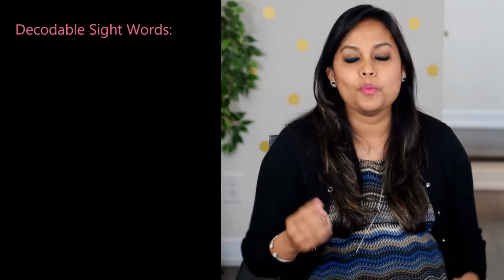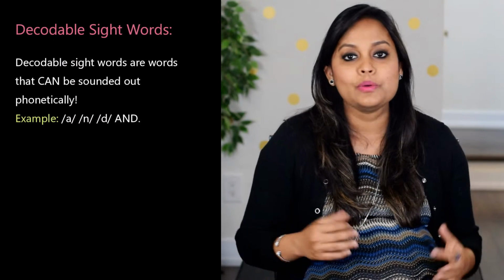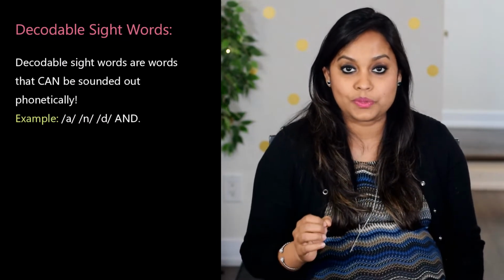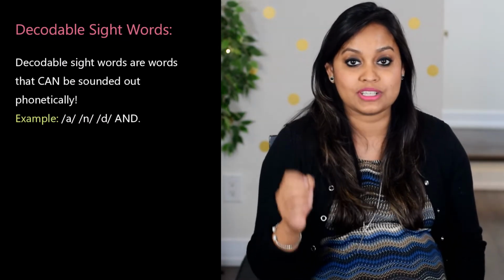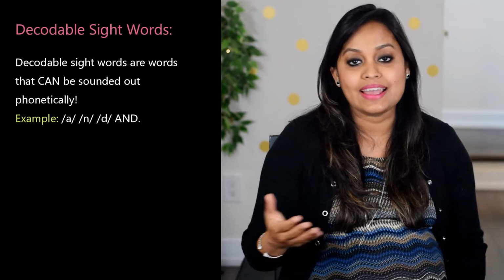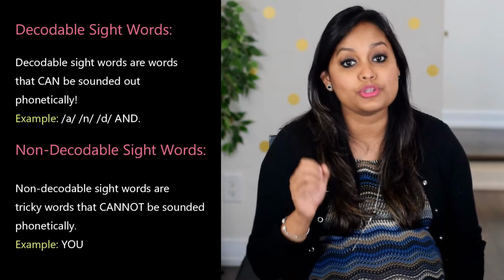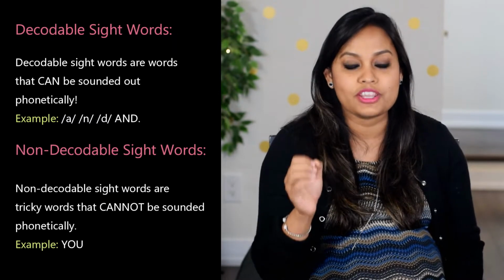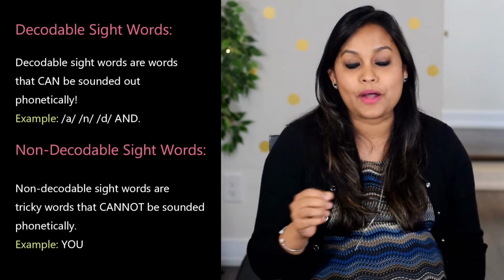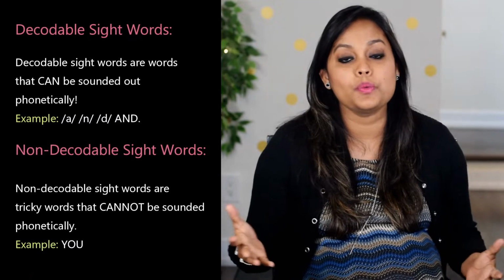Okay, now let's talk about the two types of sight words, decodable sight words and non-decodable sight words. So what are decodable sight words? Well, decodable sight words are sight words that can be sounded out phonetically, like the word and. Whereas non-decodable sight words are tricky words that are irregular, meaning you cannot sound them out phonetically, like the word you.